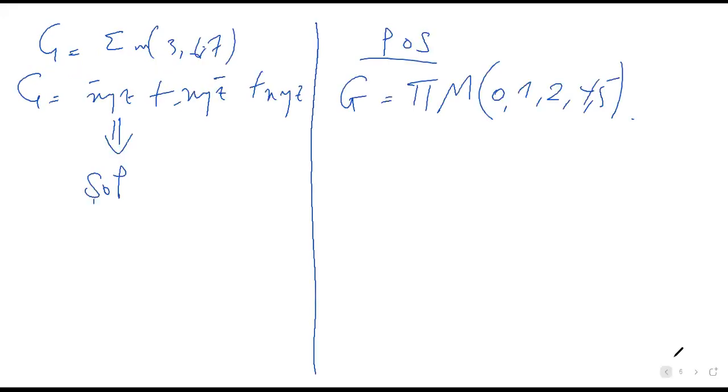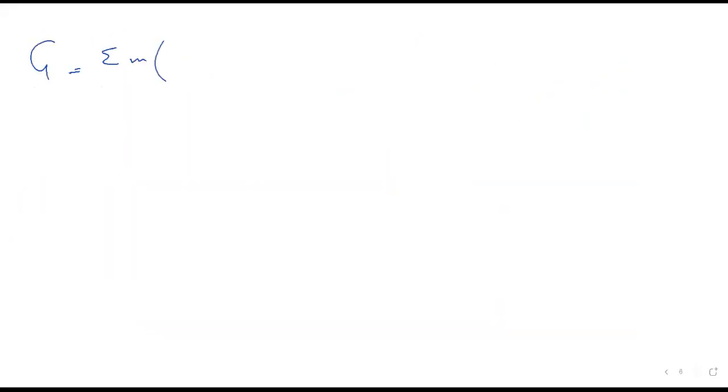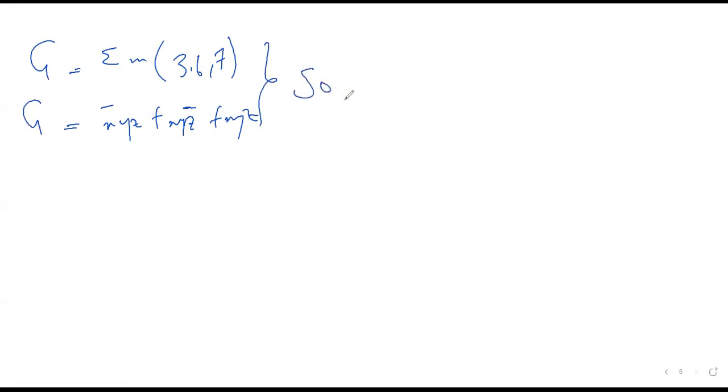So it means an expression G can be equal to the sum of 3, 6, 7, which is equal to x'yz plus xy'z' plus xyz, and so on. This is sum of products.